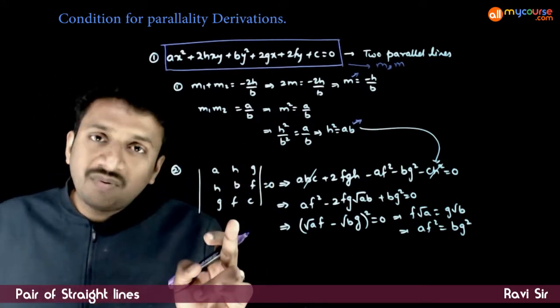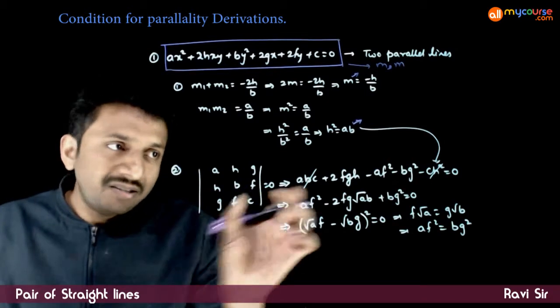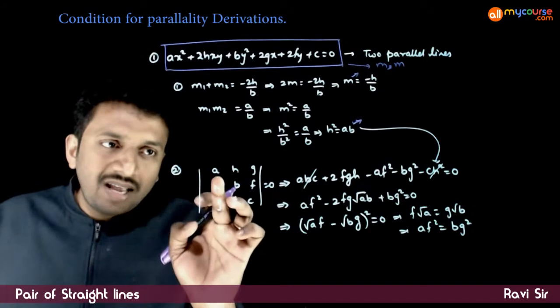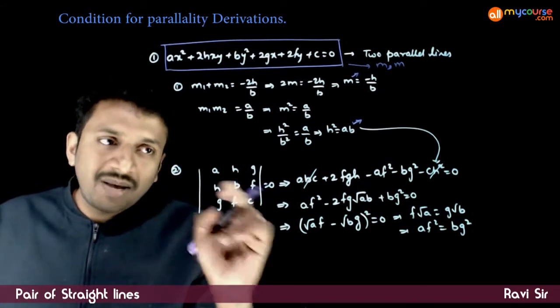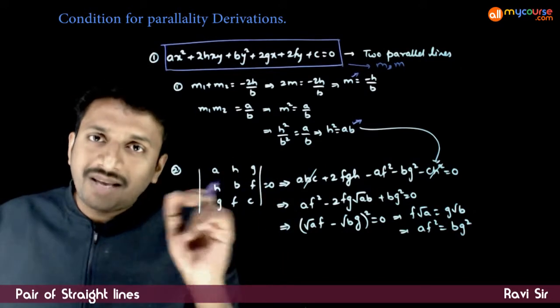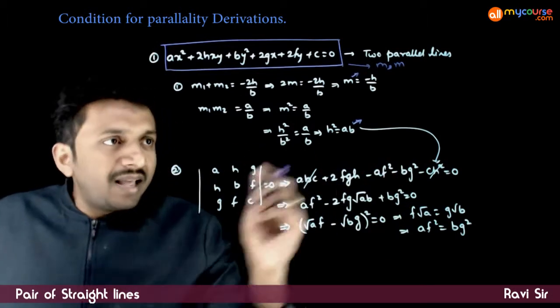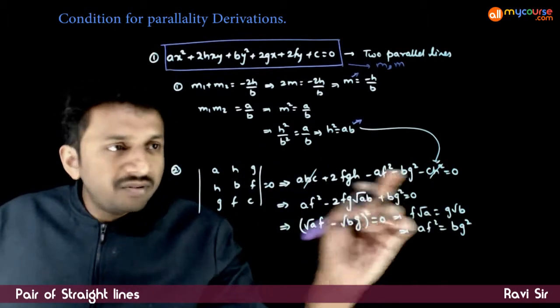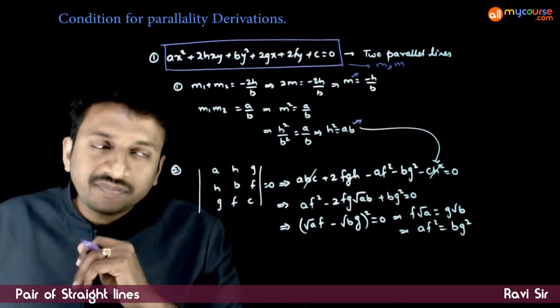If you expand this determinant, we get this condition: a times bc minus f square, minus h times hc minus gf, plus g times hf minus bg. H square is already equal to ab, so abc and abc will get cancelled out.